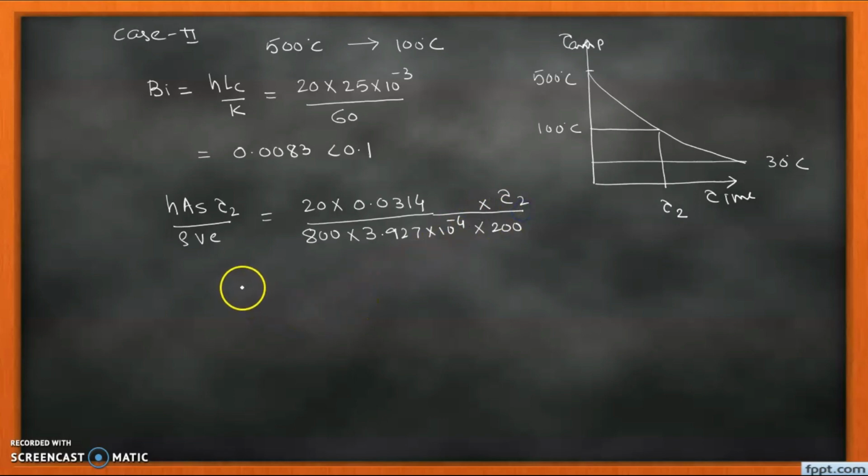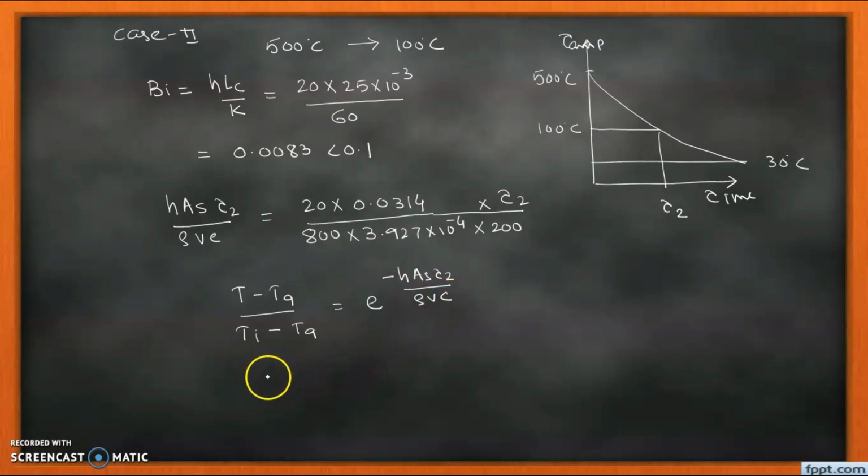So now we apply the formula: T minus T air divided by Ti minus Ta equals exponential minus hAs into tau 2 divided by rho Vc.